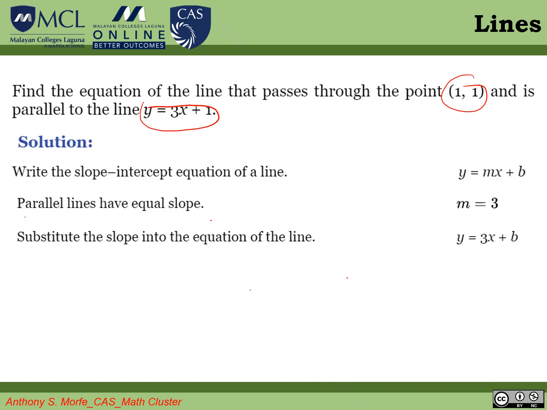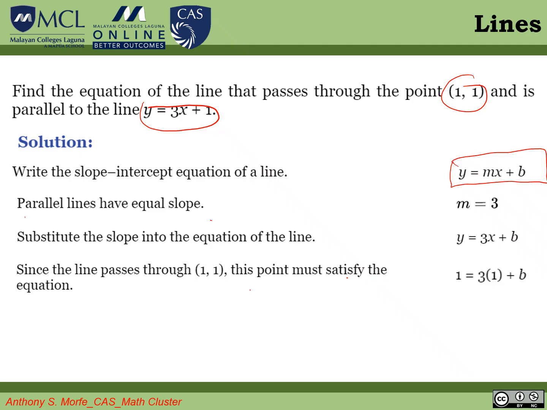Alright, so again, from this formula, don't forget this. You have to always remember the slope-intercept form. Since the line passes through this point, the point must satisfy the equation. So that's why we get here b is equal to minus 2.